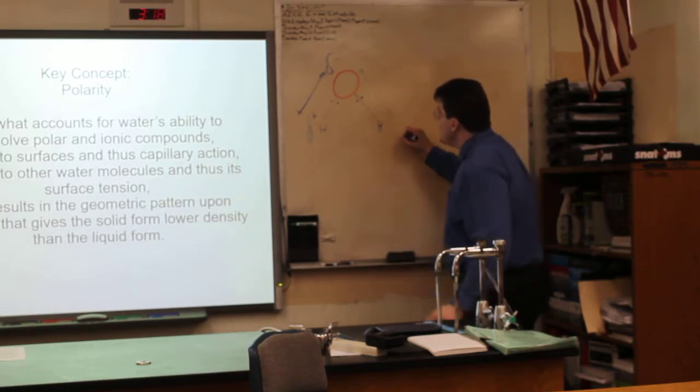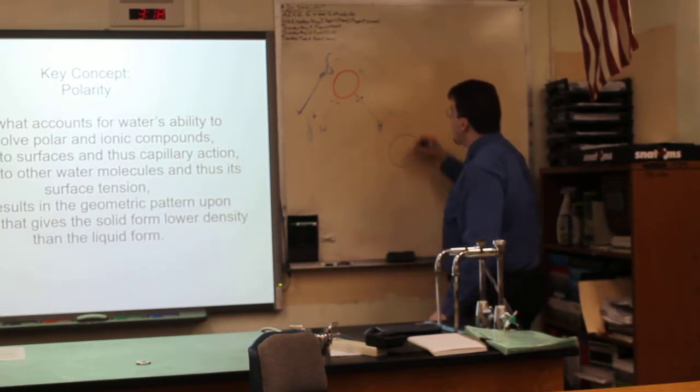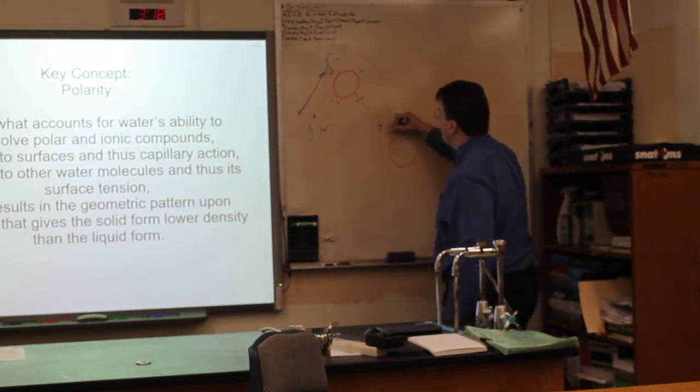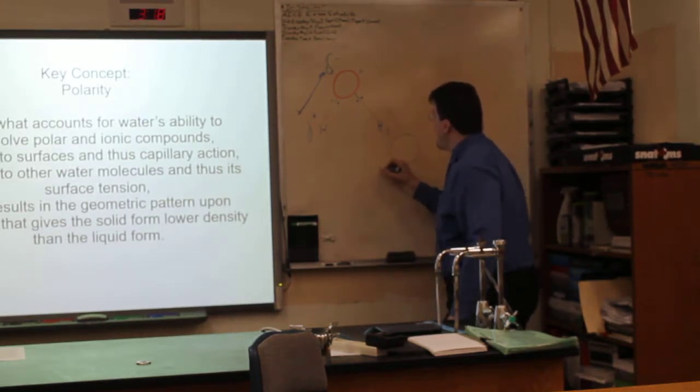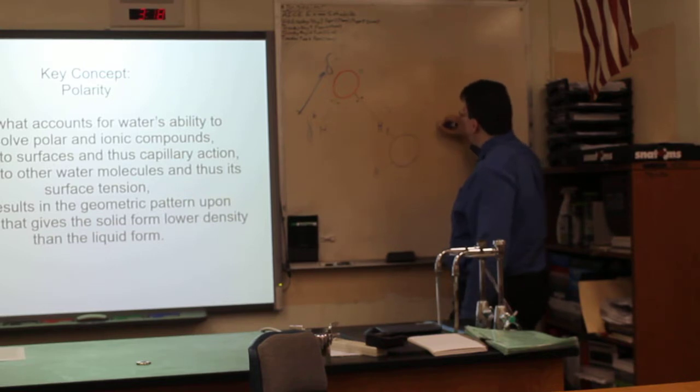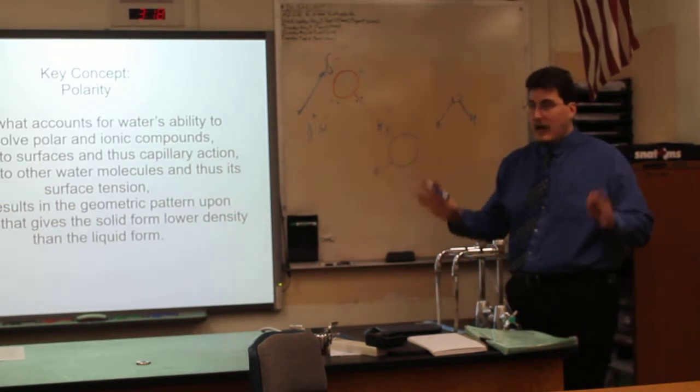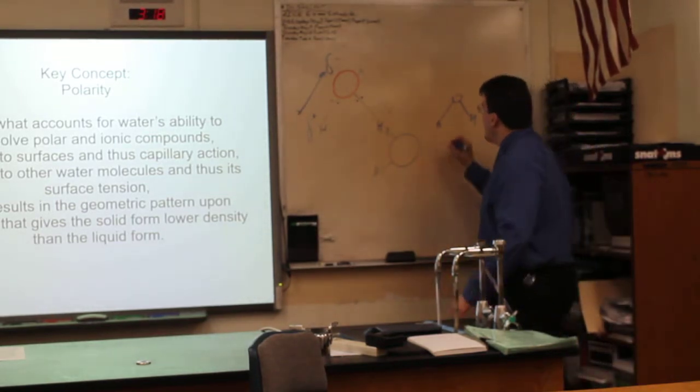So, when you have an oxygen molecule here, and you have a hydrogen over here, and a hydrogen over here, and an oxygen over here. Yes, I know the oxygen and the hydrogen are different sizes. I didn't say I was a great artist.